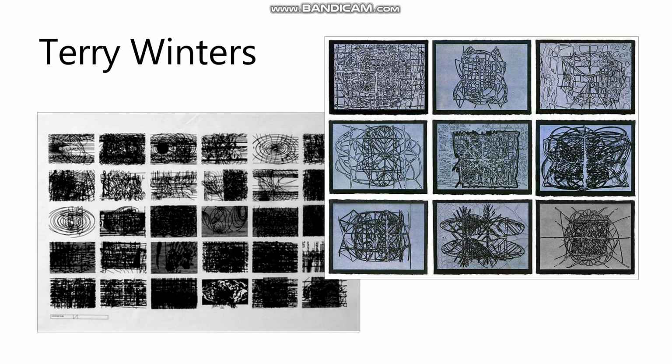First of all, grids in 20th century art, especially in the latter half of the 20th century and in the 21st century, grids and grid display have been really important in contemporary art. And there are a lot of artists that we could talk about, and we could start with any number of them, but I'm going to start with Terry Winters, in part because I love Terry Winters. I love his drawings, I love his prints, and I love his paintings.